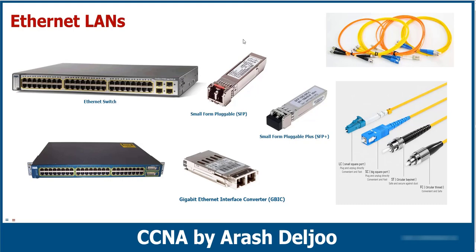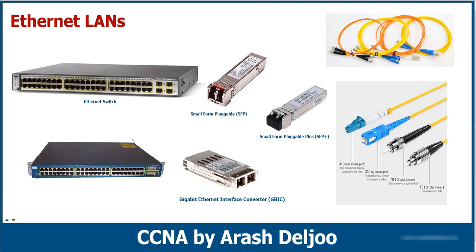Let me talk about the Cisco switch. You know that we are using fiber optic patch cords for connecting one switch to another switch, one switch to the router, or some other devices. For example, assume that you have one switch on one floor and another switch on another floor, and you can't use the copper cable because of the distance limitation.